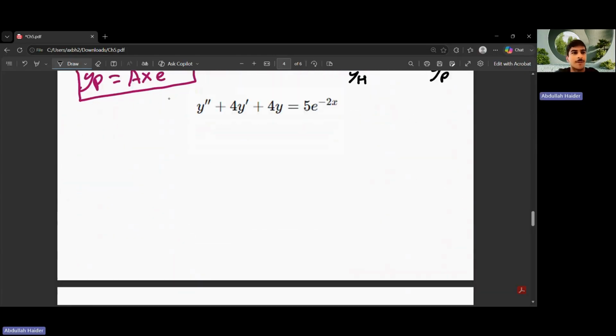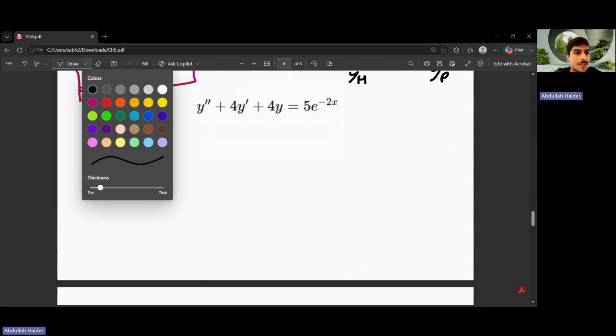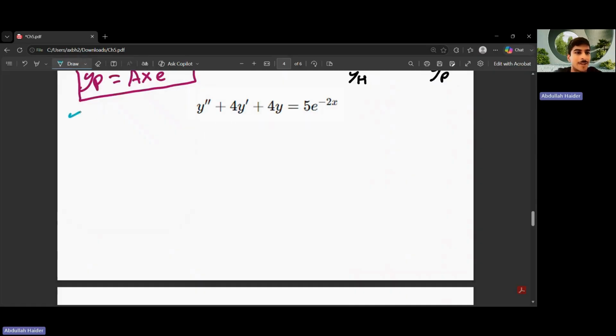Now, this question. Same as before, we start off by finding yh and yp. So yh is basically the auxiliary equation equal to 0. We're finding yh right now. r squared plus 4r plus 4 is equal to 0.